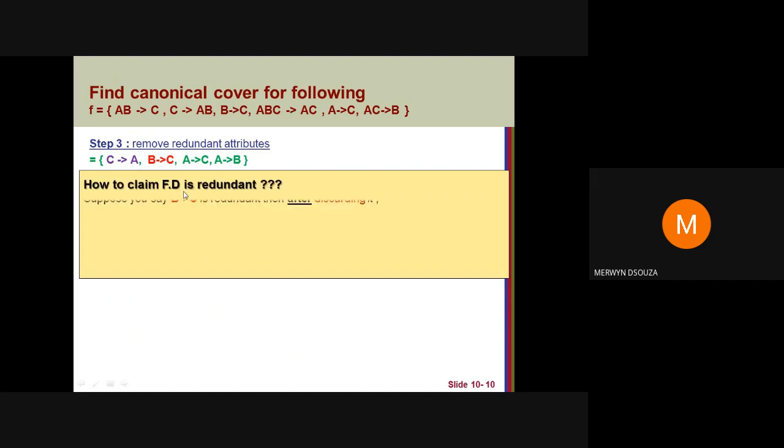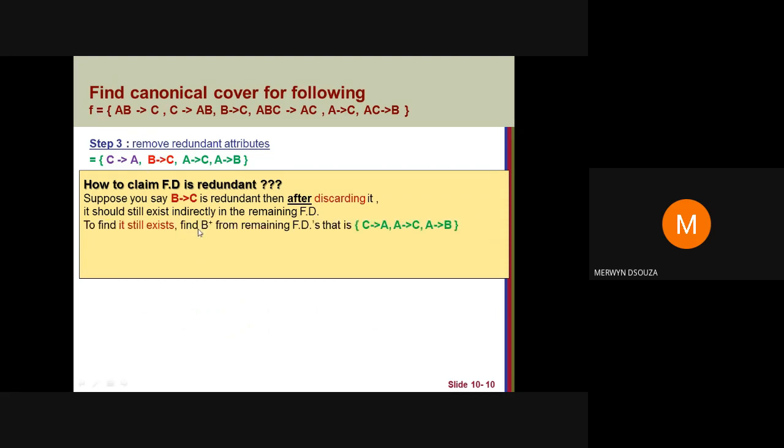So follow the same steps. From B determines C, you have to check whether it's redundant by considering the other remaining functional dependencies. To do that, find the B closure from the remaining FDs. If in the B closure C is existing, then we will claim that B determines C exists indirectly in the remaining FDs and is therefore redundant.